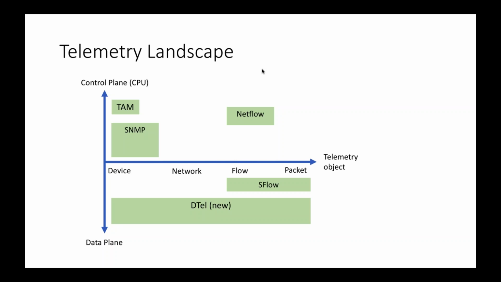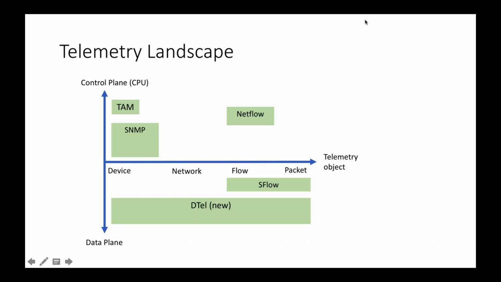So we just wanted to bring to light the whole landscape of telemetry. We're talking about many different things, and you can decide how to partition the telemetry landscape into multiple areas. The obvious area for us is that there is a clear differentiation between what kind of telemetry information you can collect through the control plane, in terms of both the information available and the amount of reporting capability you can generate through the CPU.